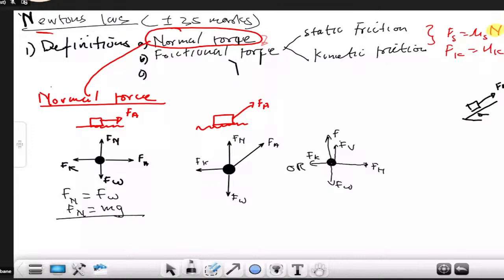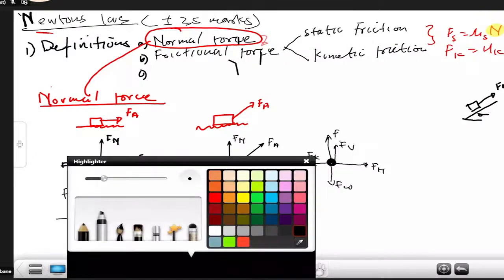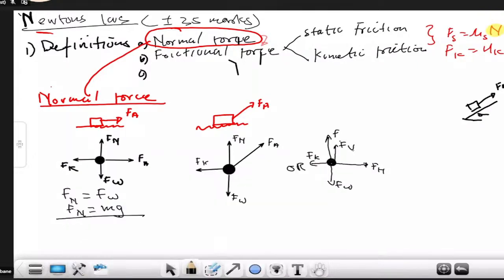But if the examiner now wants me to use the information of F normal, it basically says, because we are working with vectors, I'm going to choose upward as positive.